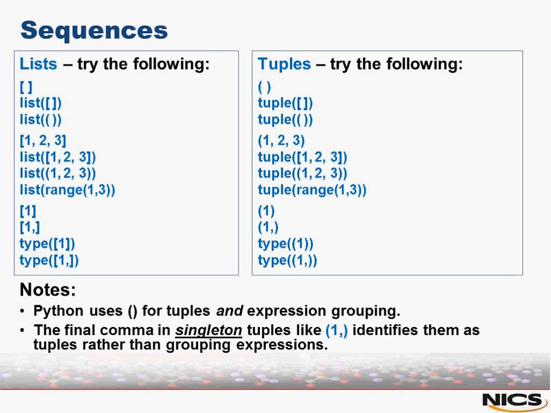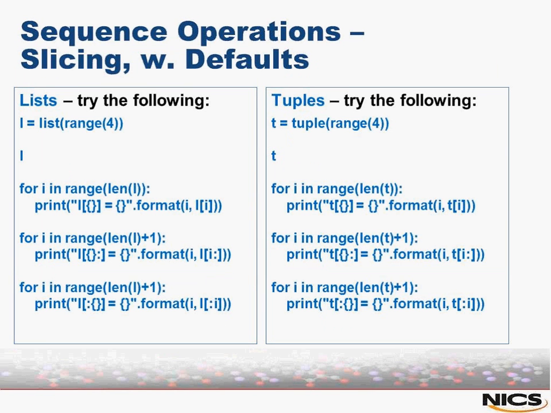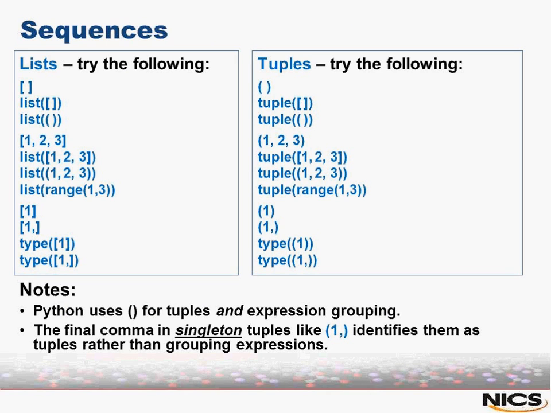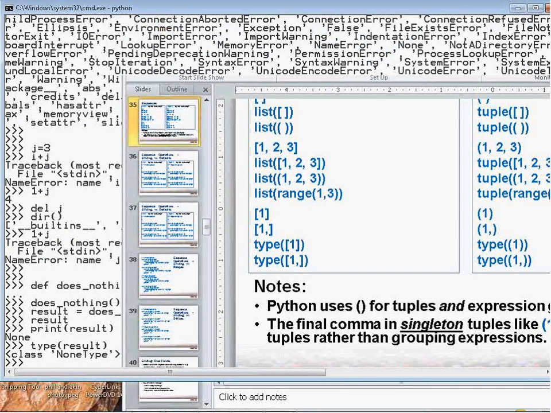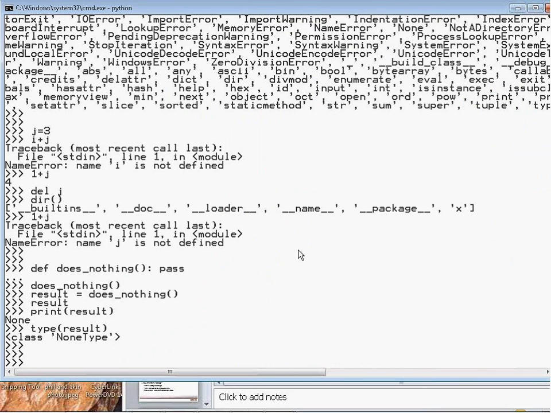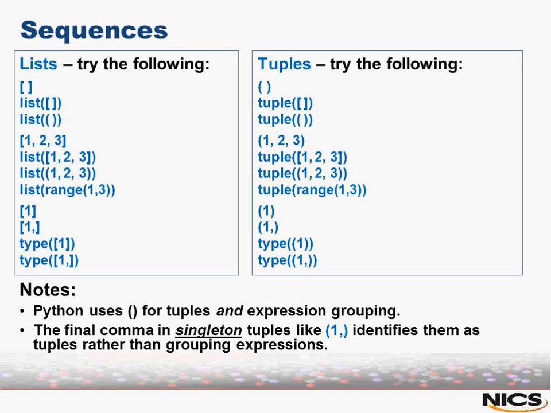Okay, so let's try. Tip of the hat, since it's getting late, before we do the next slide. Okay, T equals 1 comma 2. L equals 1 list of 1 comma 2. T of 0, T of 1, that makes sense, right? T of 1 is going to be 2.